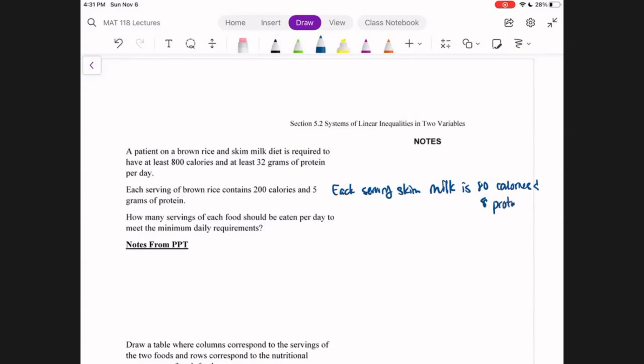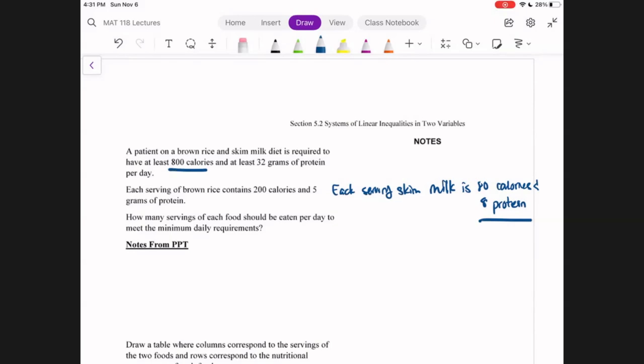Okay. So we have how much skim milk. For instance, if you need to meet, let's say, 800 calories, then you could just drink 10 servings of skim milk because they're 80 each. 80 times 10 would be 800. And that would give you how much protein? 80 grams of protein. That could work, right?